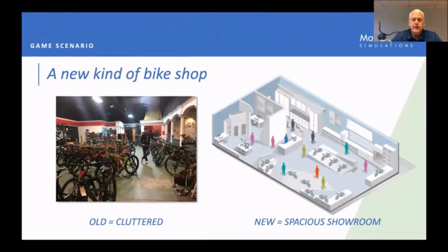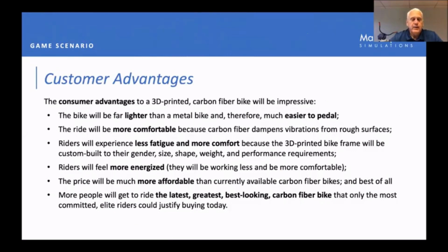All right. Now, there are a lot of advantages to 3D printed carbon fiber bikes. Right, the bike is lighter than a metal bike, so it's easier to pedal. It's more comfortable because carbon fiber will dampen vibrations.